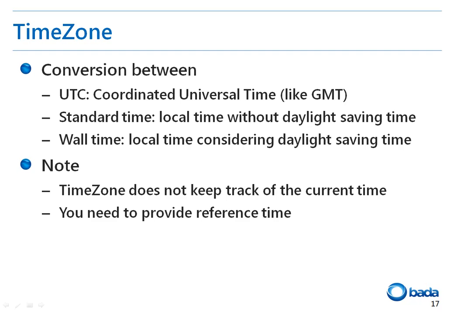The standard time is the local time without daylight saving time. The wall time is the local time considering daylight saving time. The thing you have to remember is that since the time zone class does not have a clock, you have to provide a reference time in order to get the time of the relevant time zone.